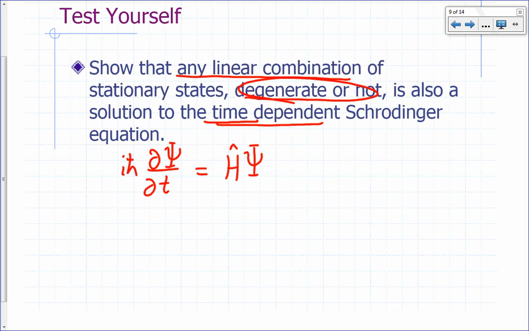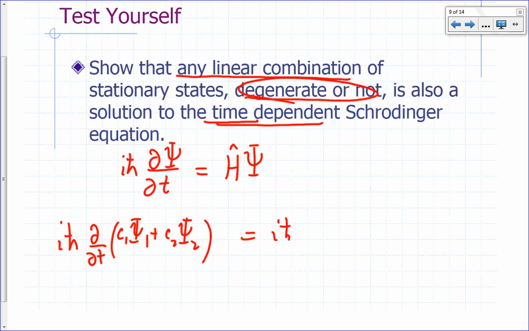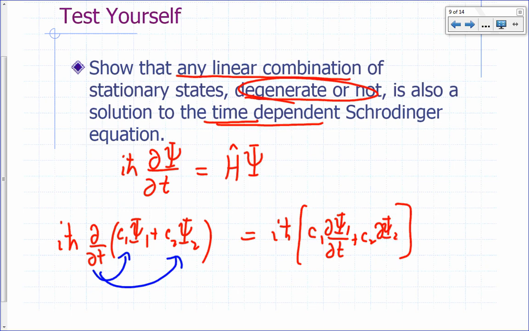So let's do this. i h bar, derivative with respect to time. Let's just do a linear combination of two, C1 psi 1 plus C2 psi 2. What do we get? i h bar times C1 derivative of psi 1 with respect to time, plus C2 derivative of psi 2 with respect to time.